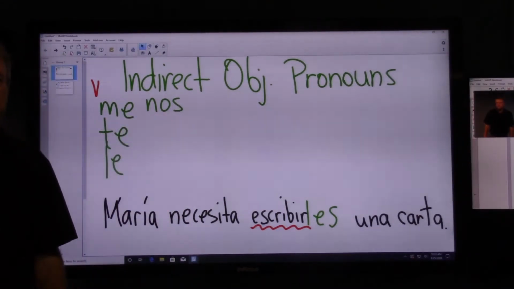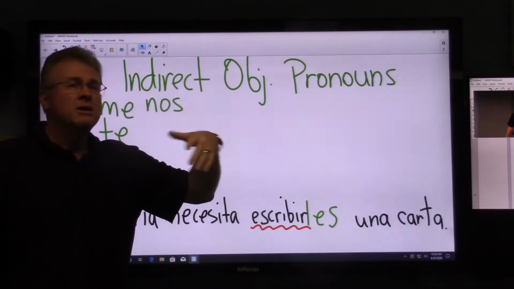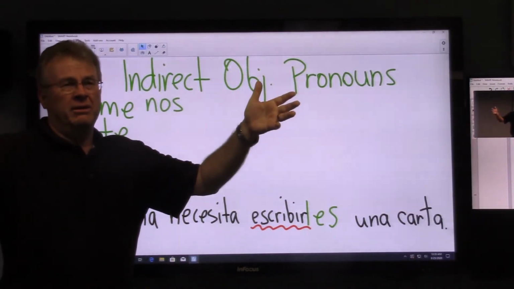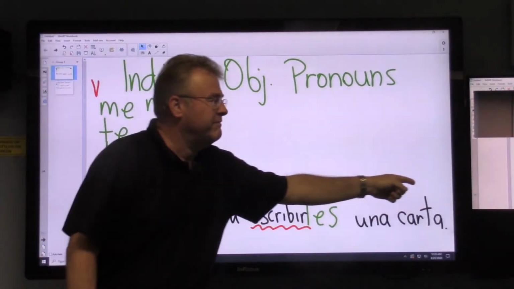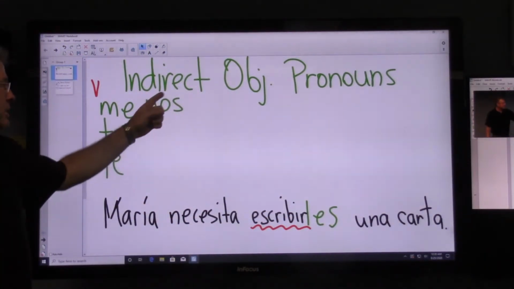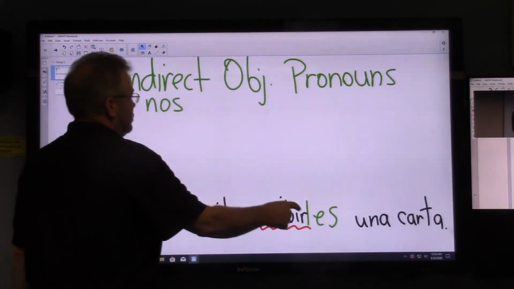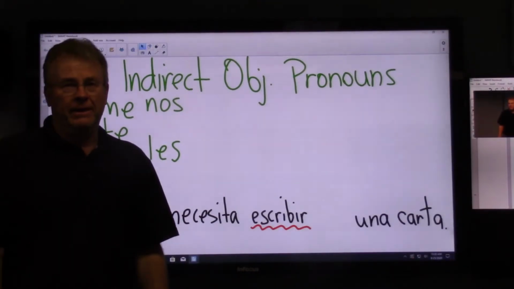Now to whom does she need to write a letter? Well, again, the les could be you all, ustedes, could be them, or they, them masculine, they, them feminine, ellos, ellas, and we can clarify as necessary. But otherwise, we can smash these object pronouns on the end of an unconjugated verb if we have that option. And here it appears that we do, okay?